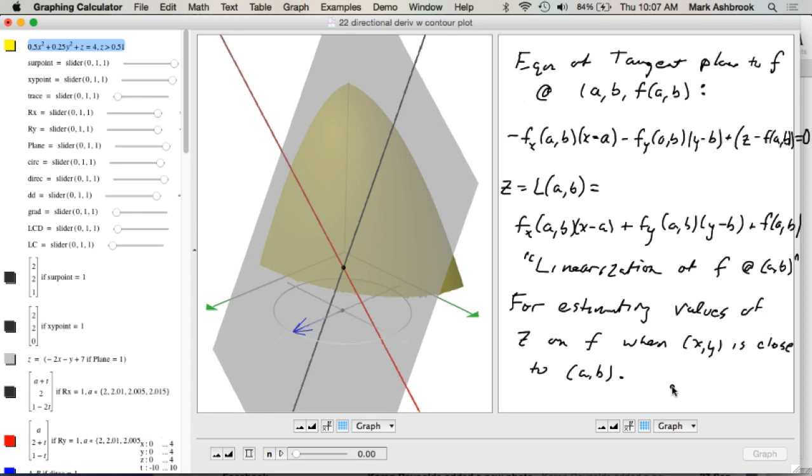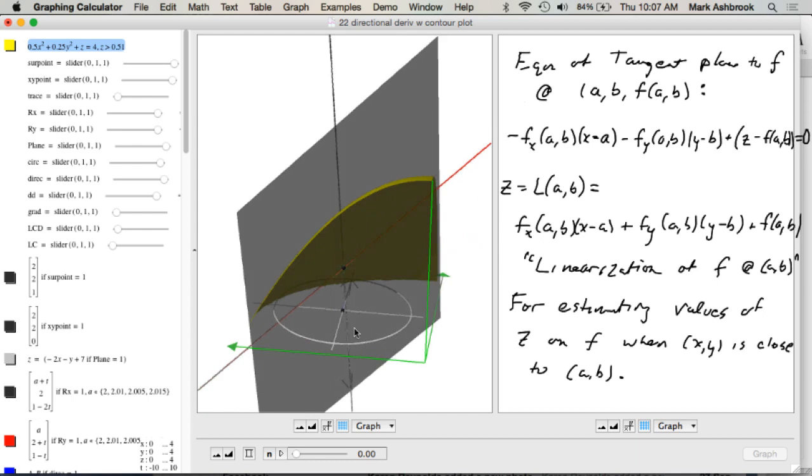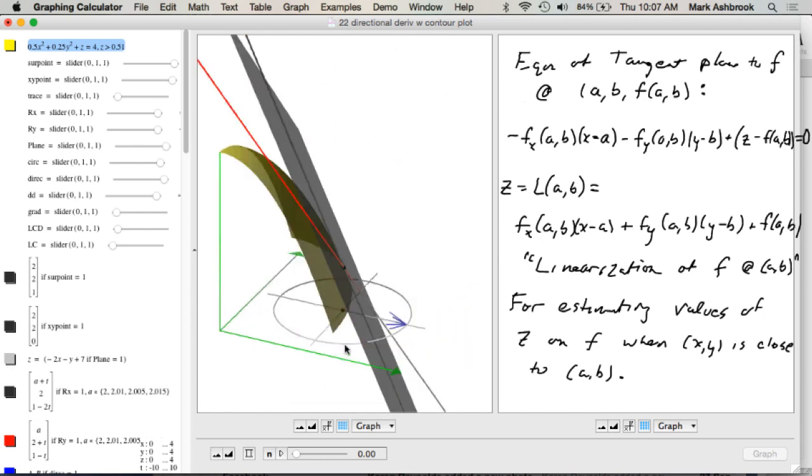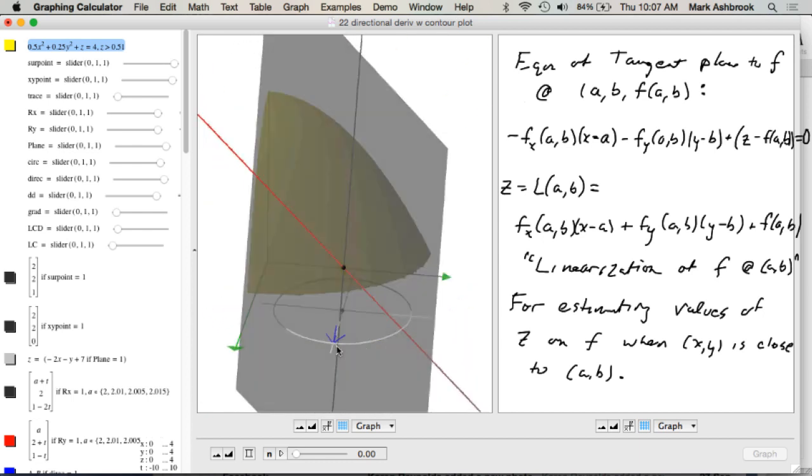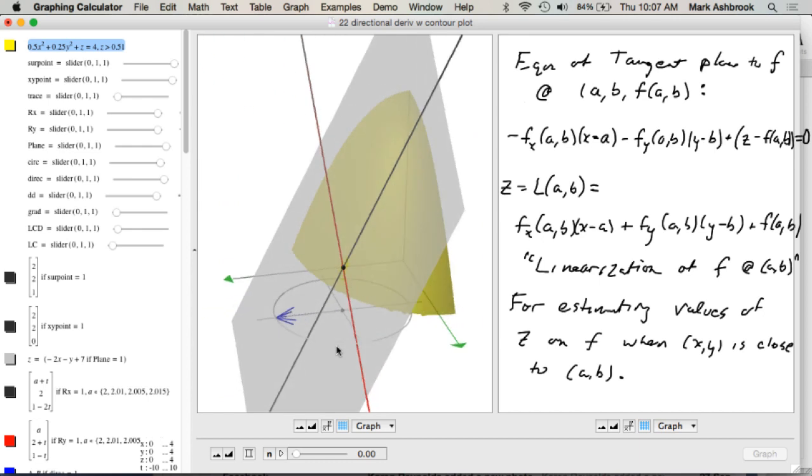Okay, does that make sense? So then, if I'm at (a, b) and I change my (x, y) a little bit. So here I am at, where's it light? There we go.